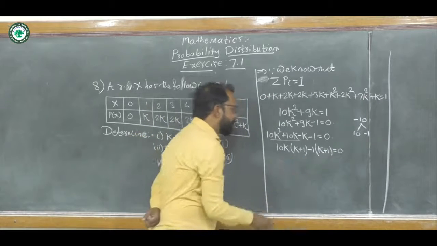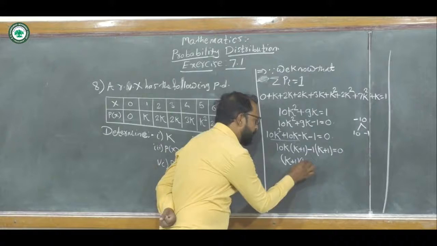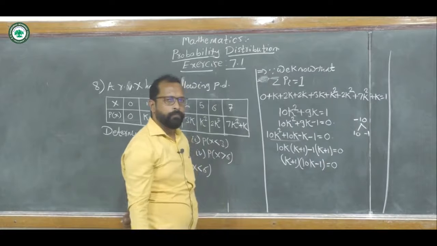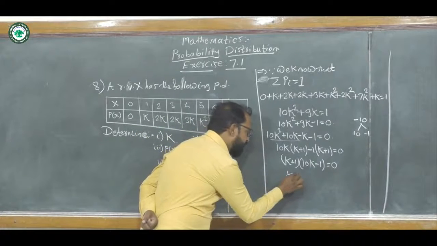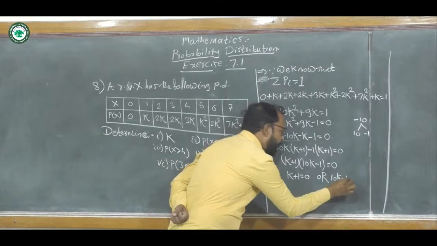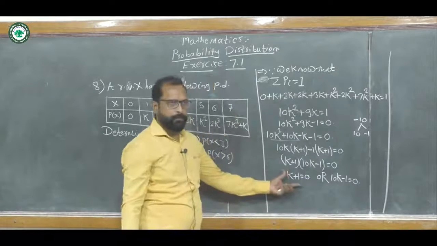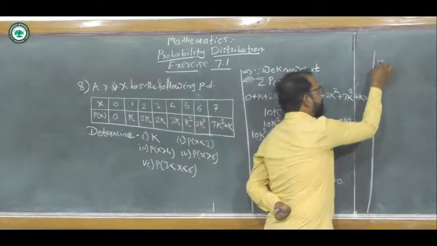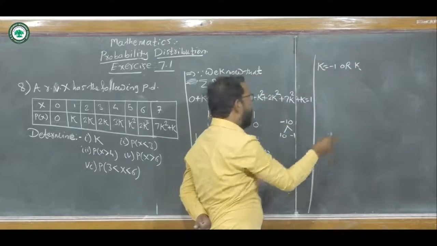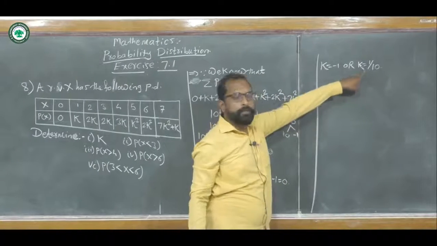Now taking k plus 1 as a common factor, it gives k plus 1 into 10k minus 1 equals 0, which gives k plus 1 equals 0 or 10k minus 1 equals 0. Simplifying these two, we get k equals minus 1 or k equals 1 upon 10.